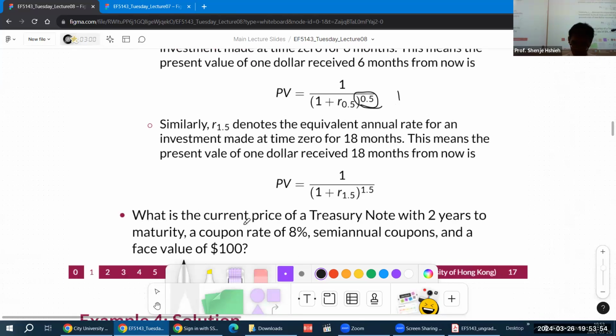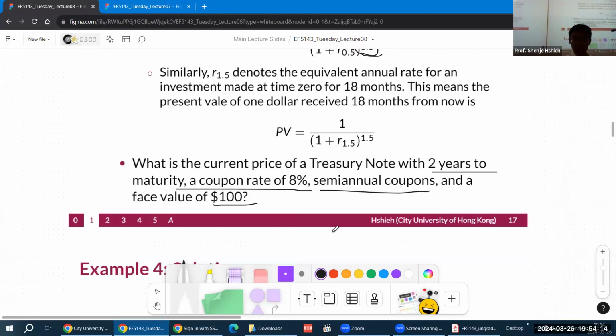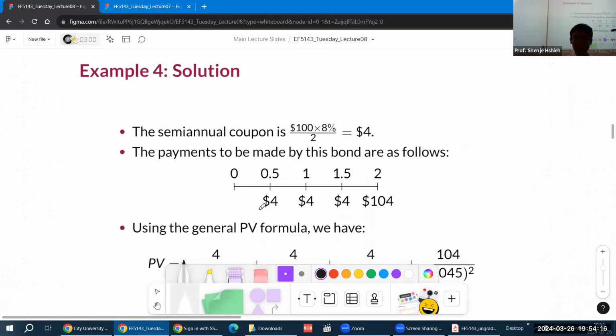Okay, so let's do an example. What is the current price of a treasury note with 2 years to maturity, a coupon rate of 8%, paid out semi-annually, with a face value of $100? Because it's semi-annual, we divide the coupon rate, which is annualized, by 2, which gives us 4%. And so we know that the coupon payment is $4 every half year for 4 periods.